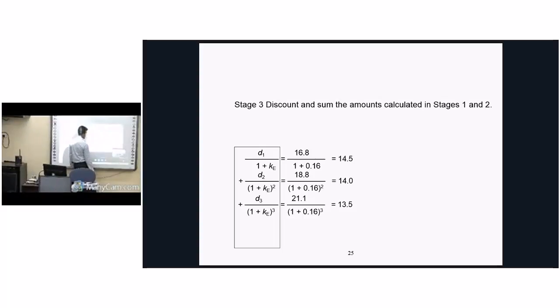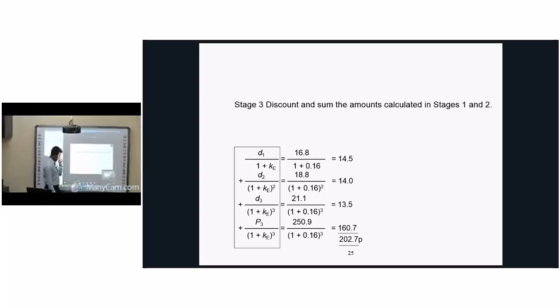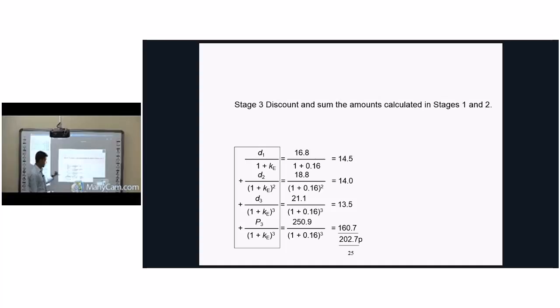And for the next stage we got 250. Now if we were to calculate the present value of that future value of 250, we discount it again at 16%, and you will arrive at a present value of 160.7.